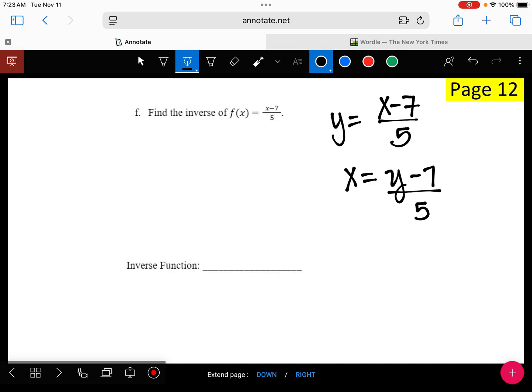So what do you think I'm going to do first? Because this one is being divided by 5. So I got to get rid of that first. So the opposite of dividing by 5 would be to multiply by 5 on both sides.